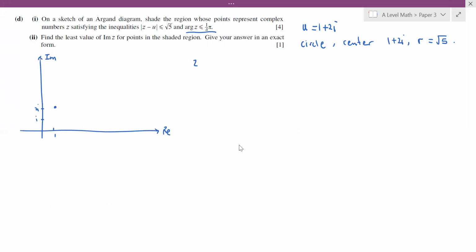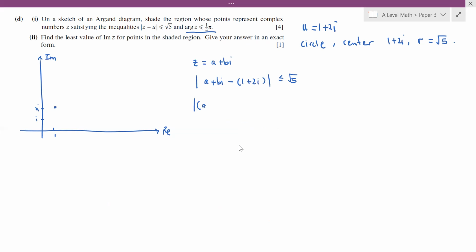Let's look at this. If z here is a plus bi, this a and b is different from parts a, b, and c. So we know that the absolute value of z minus u, so we have a plus bi minus 1 plus 2i, is less than or equal to square root of 5.